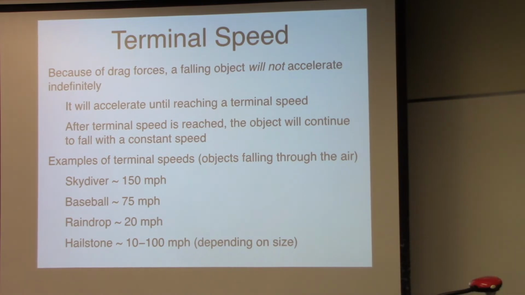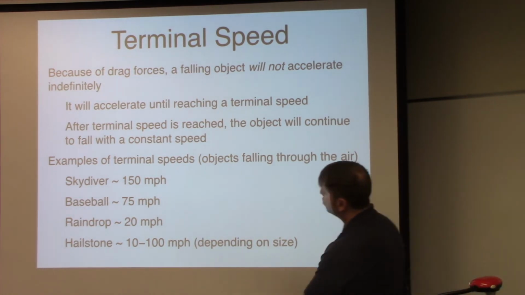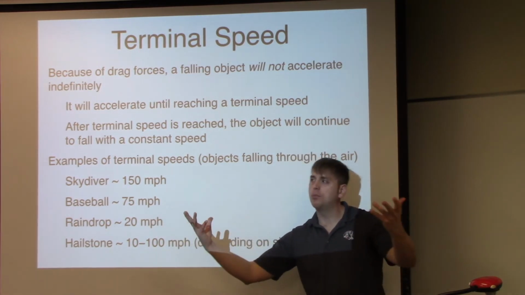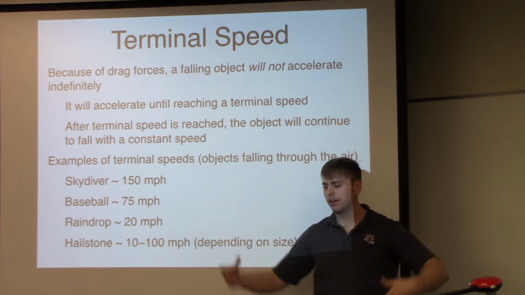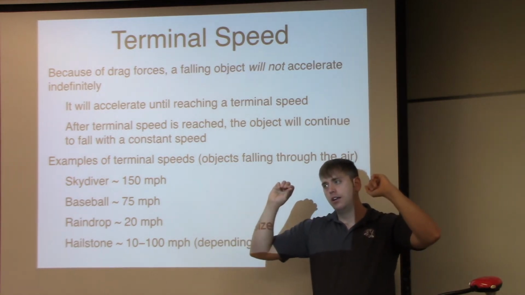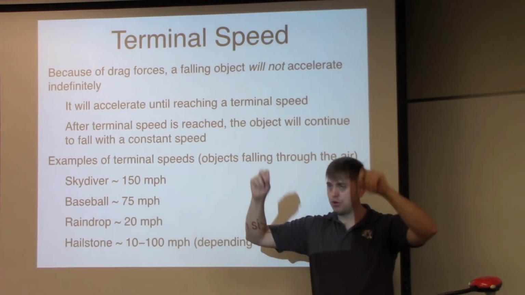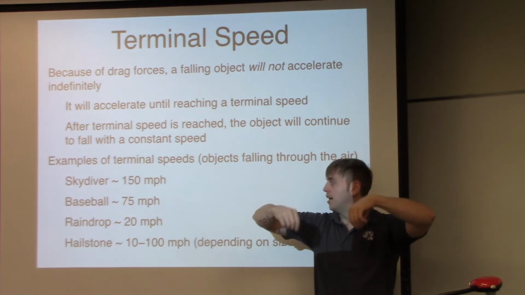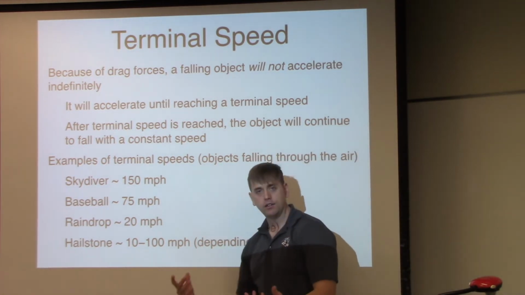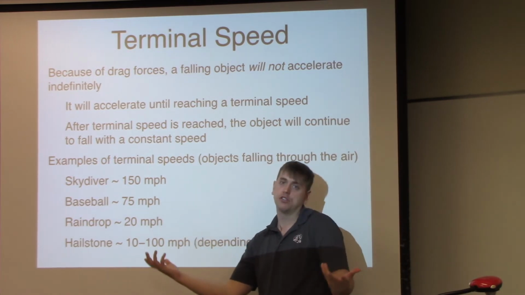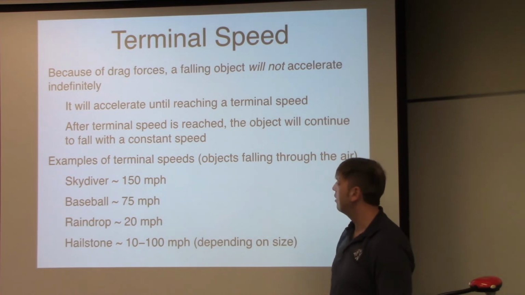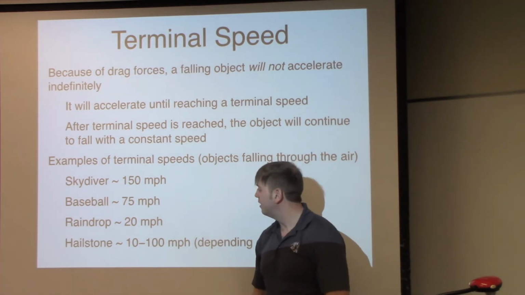Okay, what about this? A raindrop. Only 20 miles per hour. Now this is a good thing for us, by the way, because raindrops are falling from clouds that are potentially on the order of miles above our heads. So if we didn't have drag forces slowing the raindrops down, they'd be moving at insanely large speeds by the time they reach the ground, and they could potentially harm us. You know, if you have a raindrop falling at 500 miles per hour, you don't want that hitting you on the head.